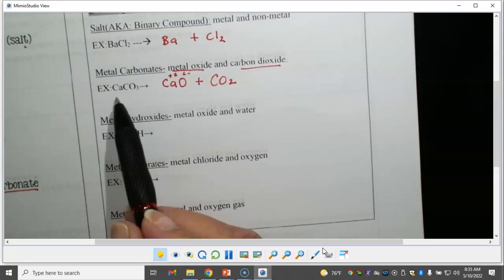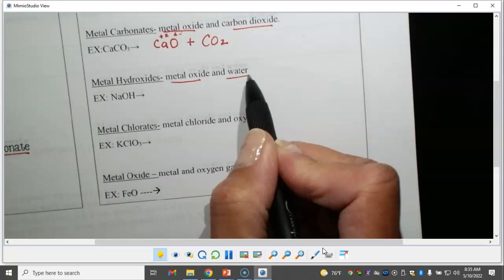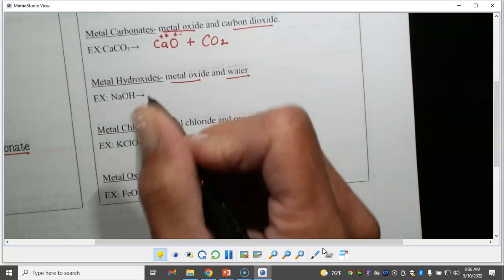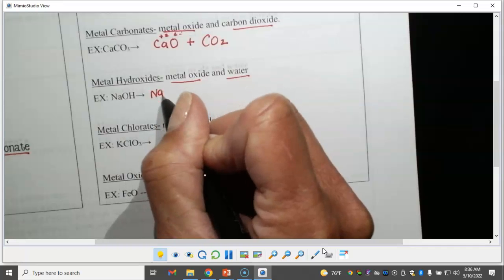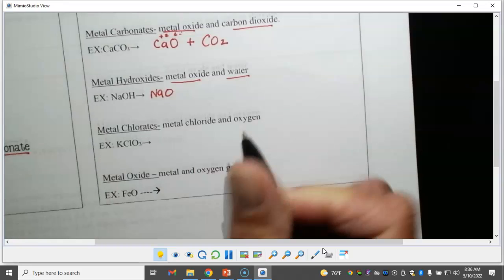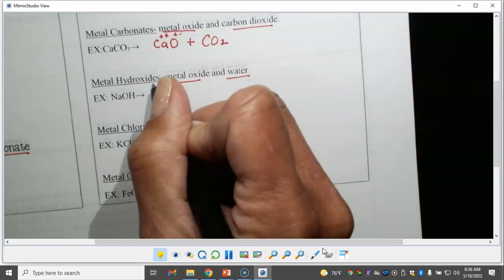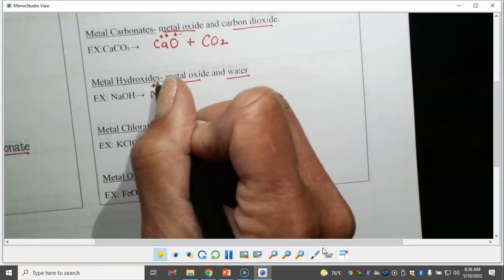Metal hydroxides. So metal hydroxide is going to make a metal oxide and water. So I'm going to take the metal from my reactant and I'm going to pair it up with oxygen, a metal oxide. I'm going to check my oxidation numbers. Sodium is +1, oxygen is -2.